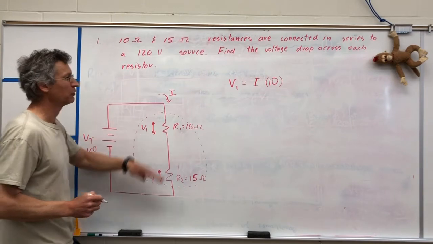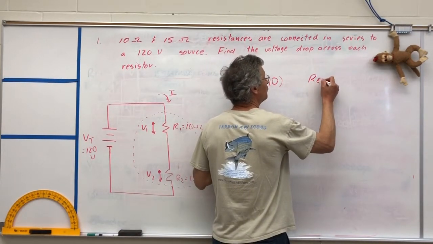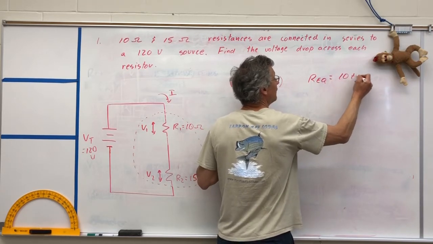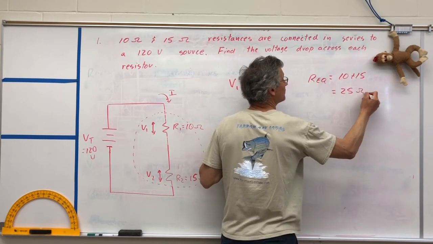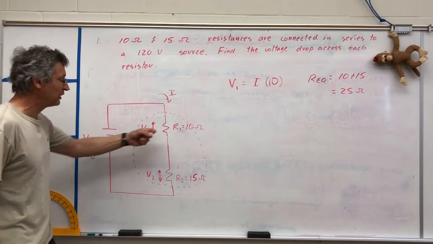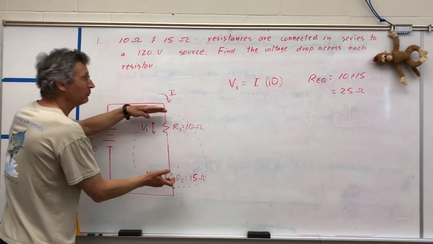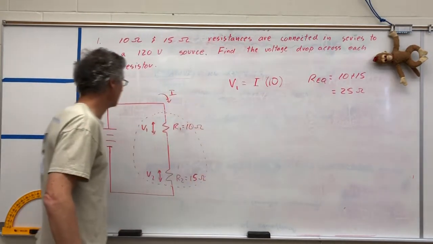And that's easy enough to do. Two resistances in series, the equivalent resistance is just them added together. So if we imagine these two resistances as one big resistance, there's the equivalent resistance, 25 ohms.